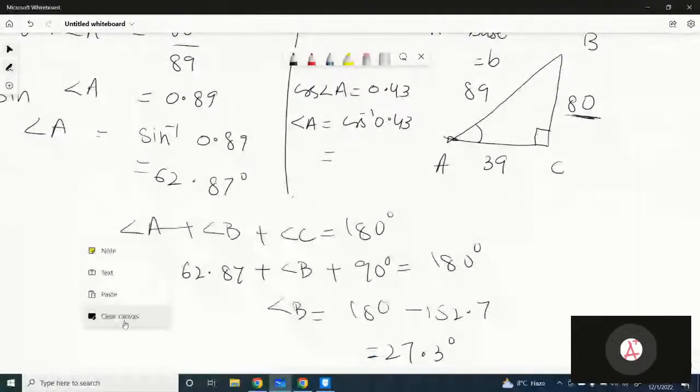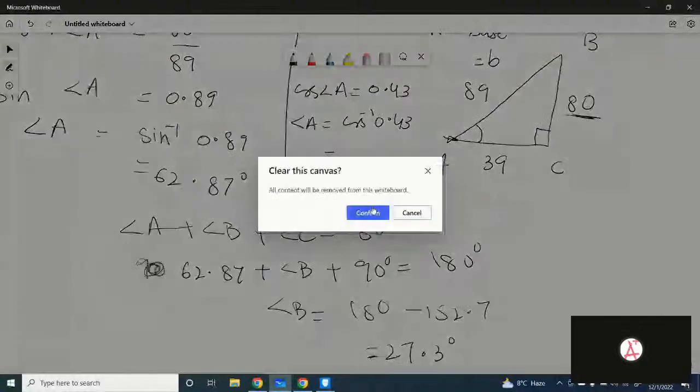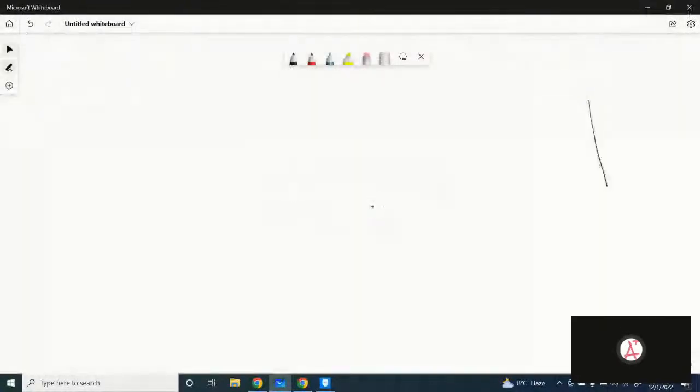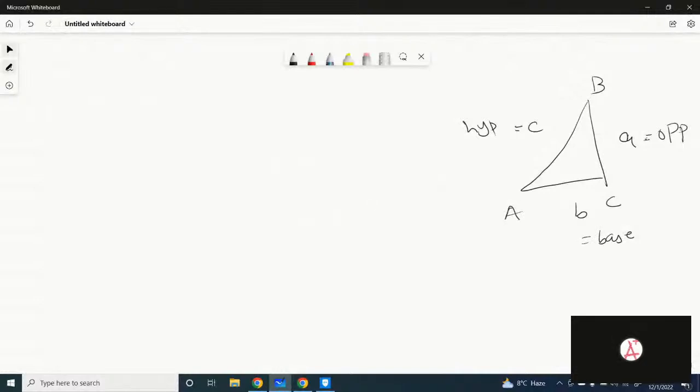Okay, let's talk about the trigonometric ratios for this triangle. This is C, this is A, this is B. This is the hypotenuse, this is the opposite, and this is the base. Sine of angle A is opposite divided by the hypotenuse.